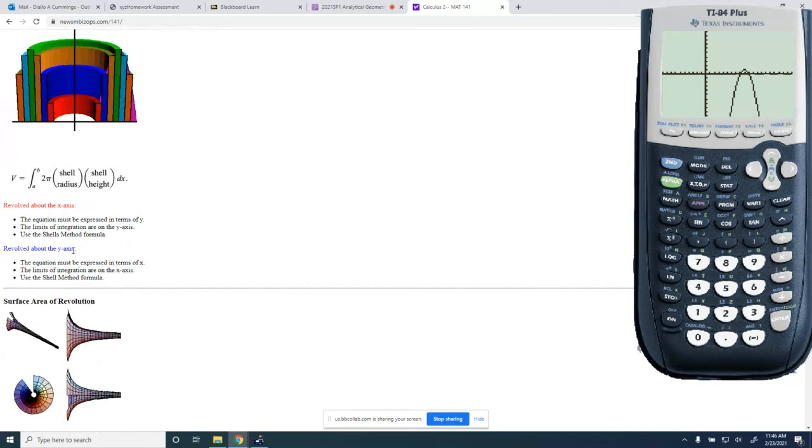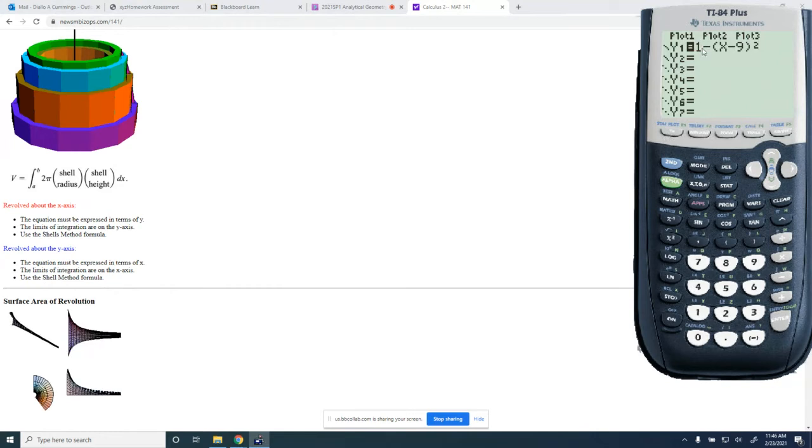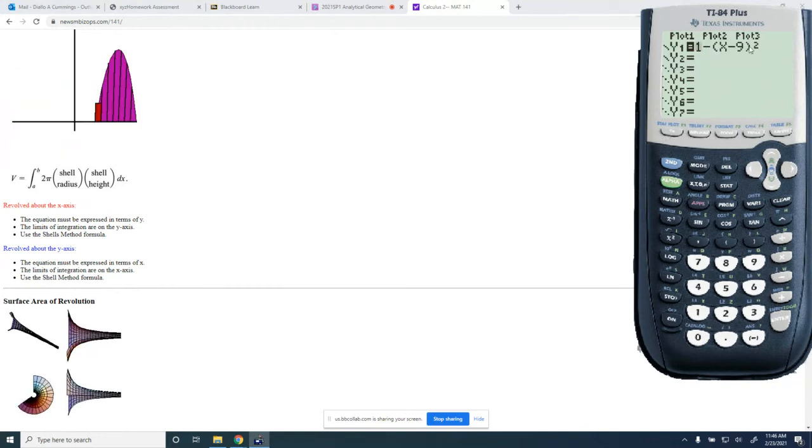If you use the shell method, if you're revolving about the y-axis, your equation must be expressed in terms of x. And our equation, 1 minus the quantity x minus 9 squared, that's in terms of x. Our limits of integration are on x.